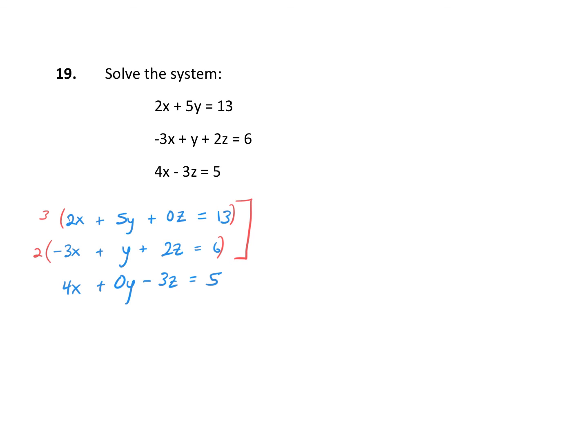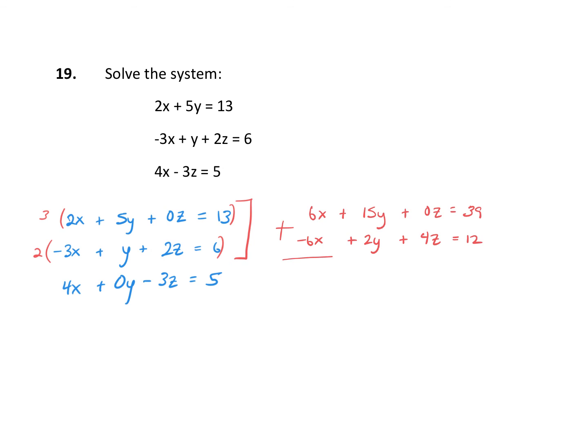So our new equation for the first one becomes 6x plus 15y plus 3 times 0 is still 0, so 0z equals 39. Our second equation, multiplying a 2 through that whole equation, is negative 6x plus 2y plus 4z equals 12.